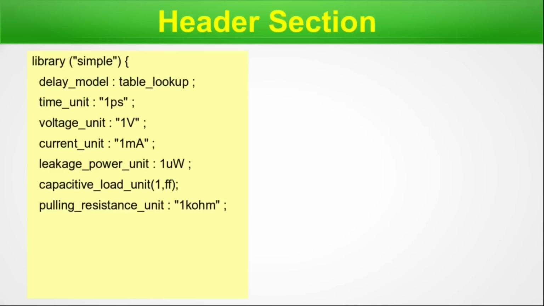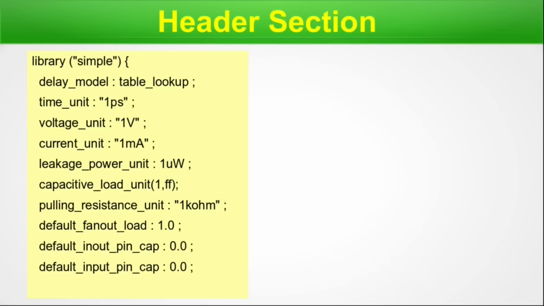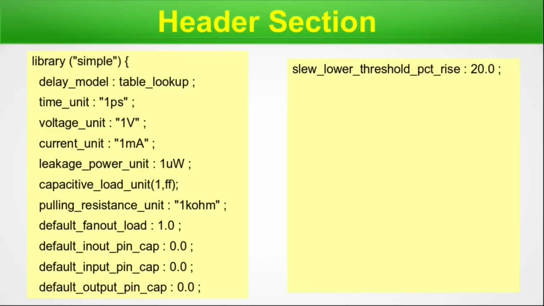Pulling resistance unit 1 kilo ohm, default fan out load 1.0, default in-out pin capacitance 0.0, default input pin capacitance 0.0, default output pin capacitance 0.0. We continue again.